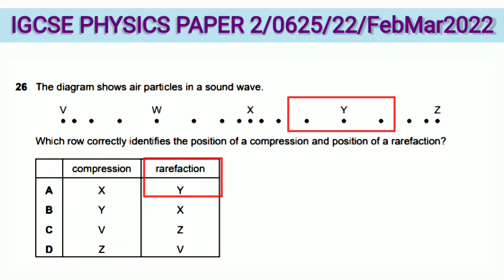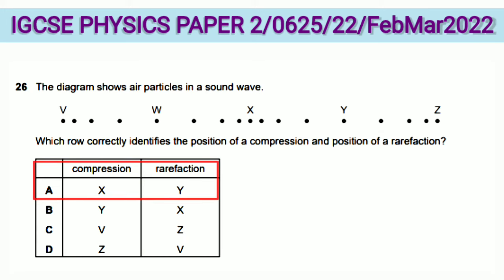Y is a rarefaction. Rarefaction is a part of wave where particles of medium are less dense or they are spread out. We can observe that in section Y of the wave, particles are spread out, so it is a rarefaction. So first option itself, that is option A, is the correct answer. Section X of the wave is compression and section Y is rarefaction.